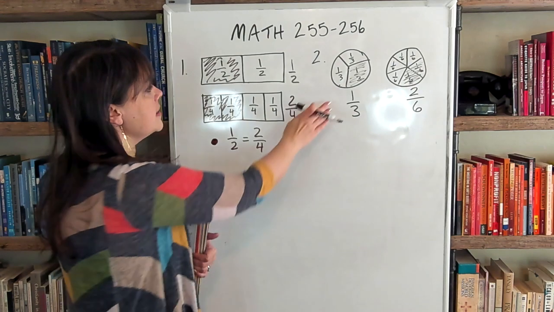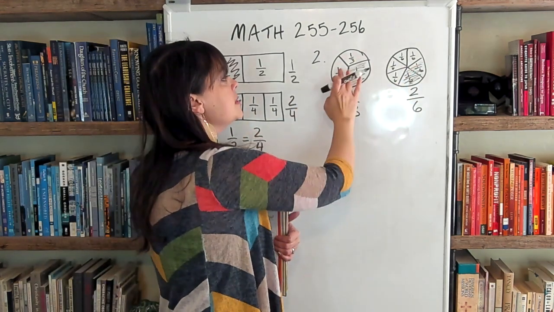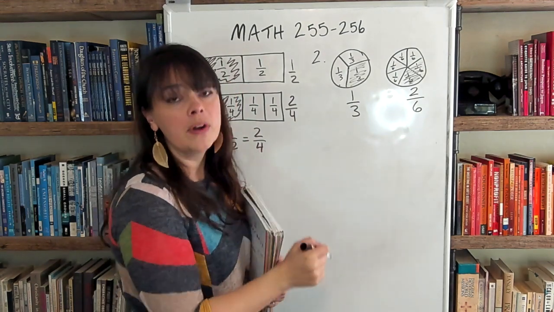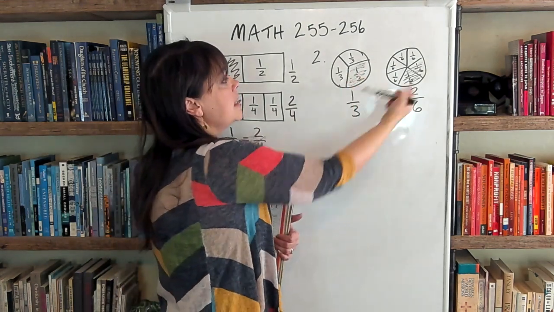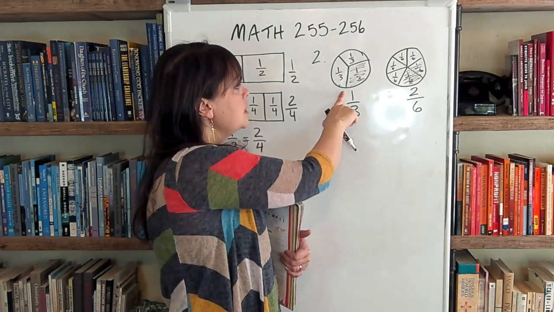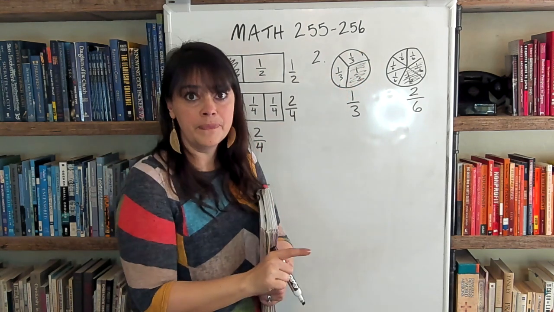All right, let's look at the second one. This is a circle shape, and you see the circle, same size circle. And this isn't perfect because I drew it with marker on my board, but same size circle, partitioned differently. This circle is partitioned into thirds, 1/3, 1/3, 1/3, okay?